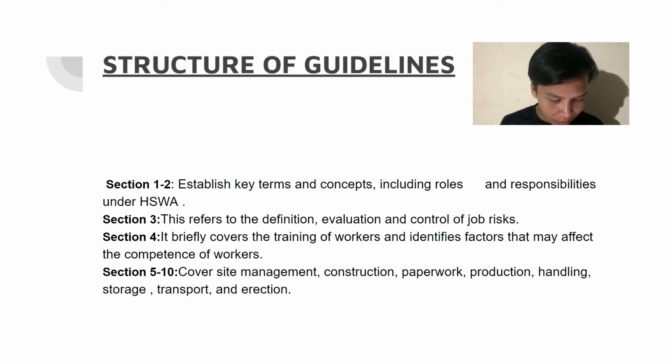Section 3 refers to the definition, evaluation, and control of job risk. Section 4 briefly covers the training of workers and identifies factors that may affect the competence of workers. Sections 5 to 10 cover site management, construction, paperwork, production, handling, storage, transport, and erection.